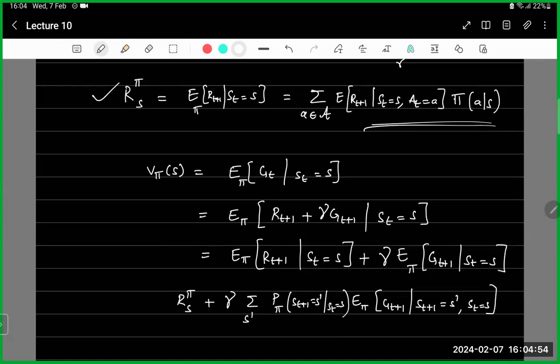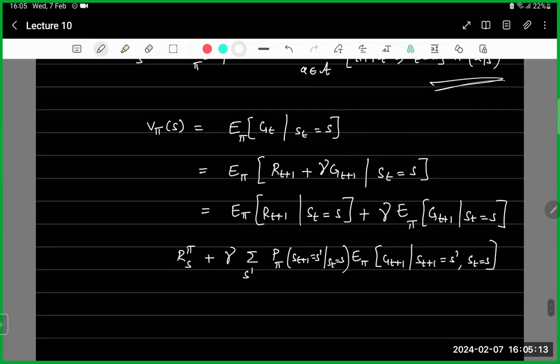I have to just multiply by that, just like the previous one. Like here I conditioned on a and just wrote pi of a given s. Similarly, I conditioned on s dash, so I just wrote p pi of s dash given s. Okay.